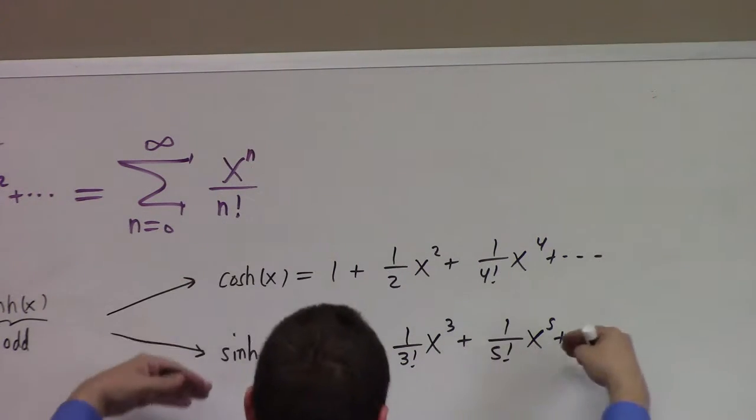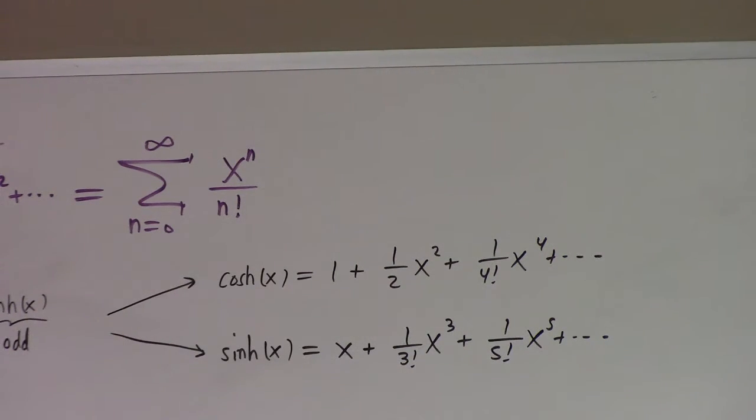If you add these two series together, you get all the terms in the original exponential series. It's just taking the exponential series and splitting it into two pieces, even and odd terms.